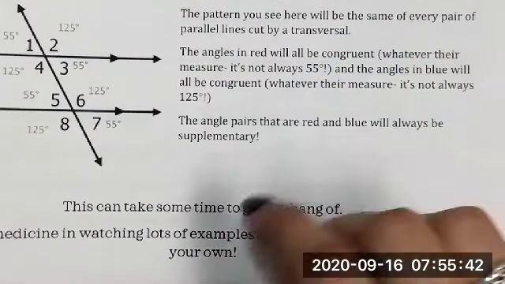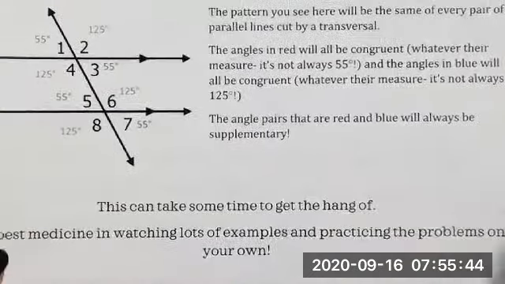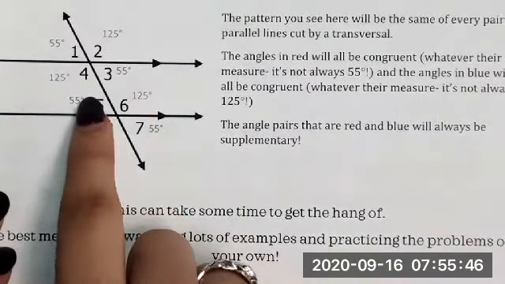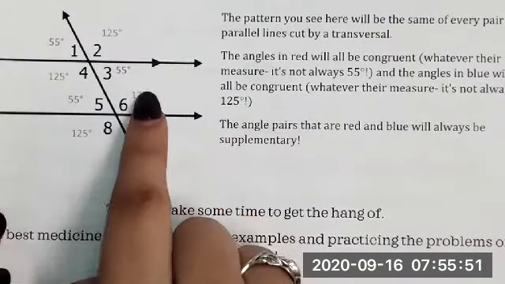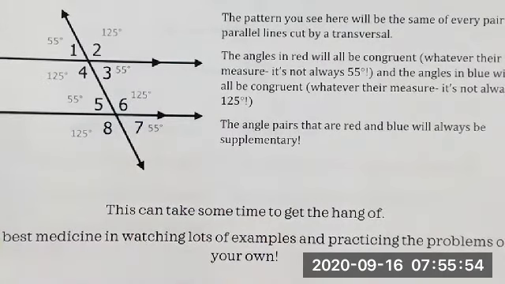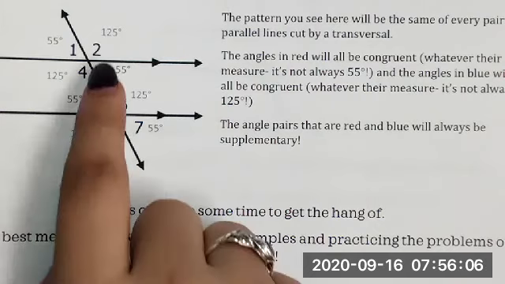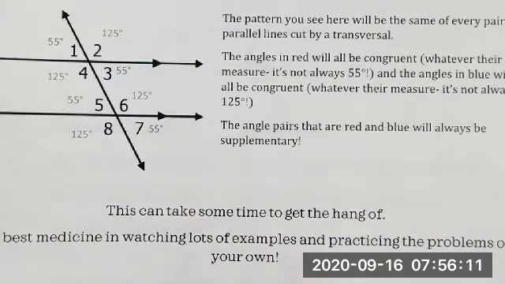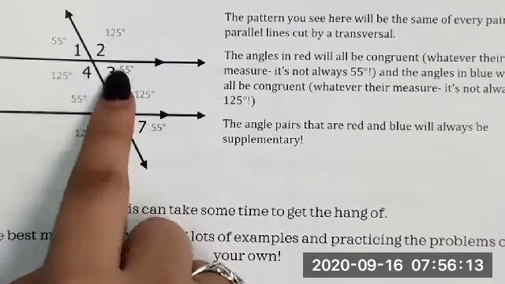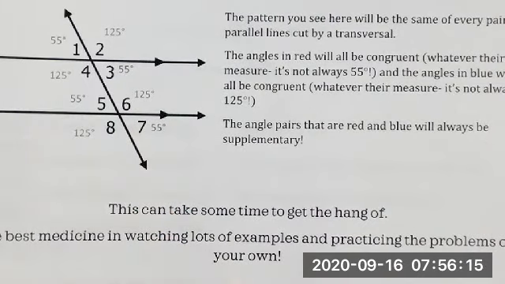The angles in red, which were 55, will always be congruent, and the angles in blue will always be congruent. Now, it's not always going to be 55 degrees and 125. You have to pay attention to the angle they give you. But those relationships, the fact that they're congruent, will be the same. And also, the acute and the obtuse angles, 125 and 55, will always be supplementary.